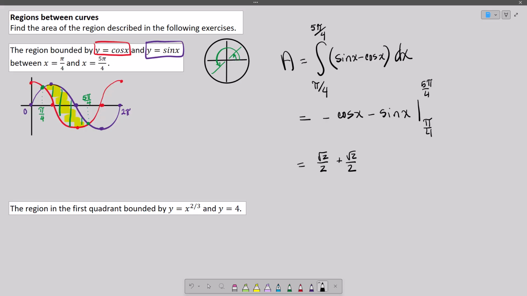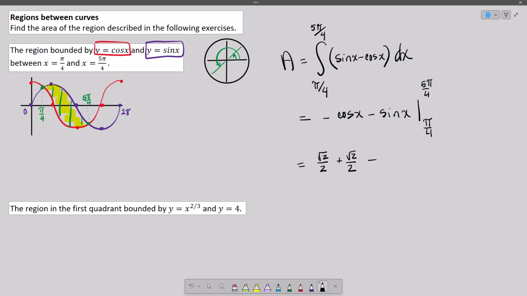And then we subtract off, fundamental theorem of calculus says upper evaluated minus lower evaluated. So when we evaluate the lower at pi over 4, we're in quadrant 1. Both those values are root 2 over 2. So we're going to have minus root 2 over 2, minus root 2 over 2.